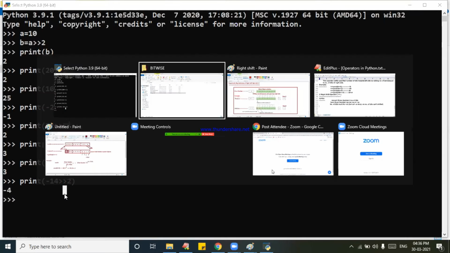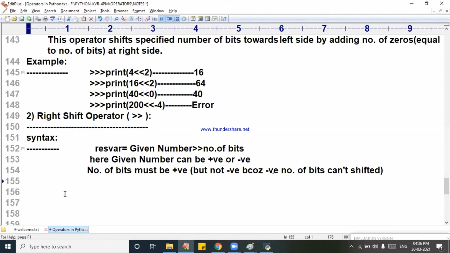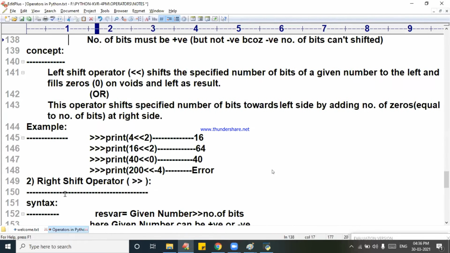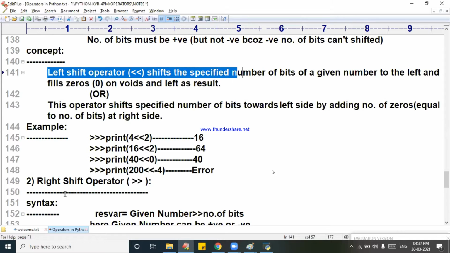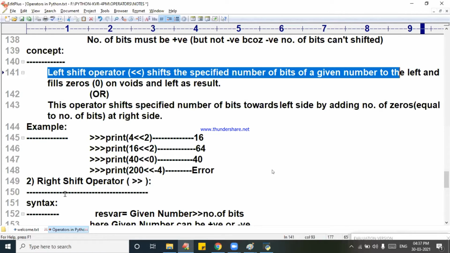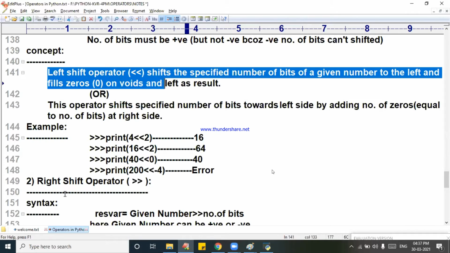Now coming to this right shift operator concept, I will write it. What is the concept I am giving here? Let us watch. Left shift operator shifts the specified number of bits of a given number to the left, and fills zeros on voids at the right as result.